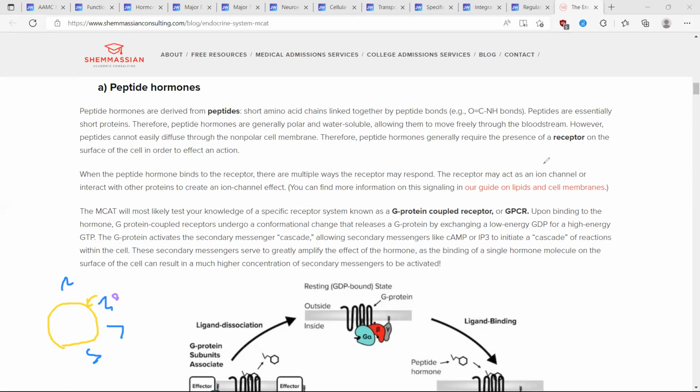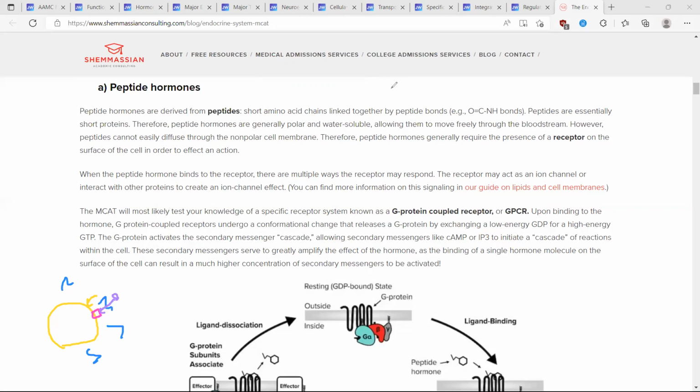Well, the answer is that it actually won't get in. Instead, it will attach to a friendly membrane receptor. This is how it gets around the problem of not being able to go inside, because it doesn't have to go inside. It can simply come and attach to this receptor here.